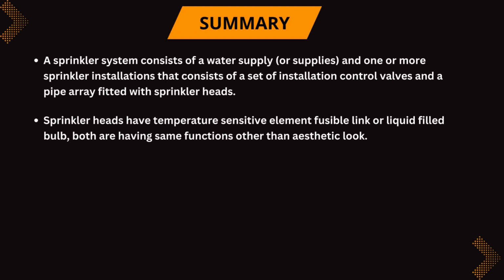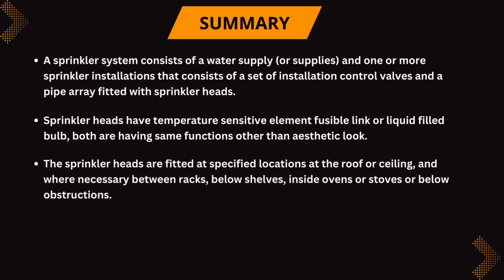Both have the same function other than aesthetic looks. The sprinkler heads are fitted at specified locations at the roof or ceiling and, where necessary, between racks, below shelves, inside ovens or stoves, or below obstructions. They are also installed on the side walls.